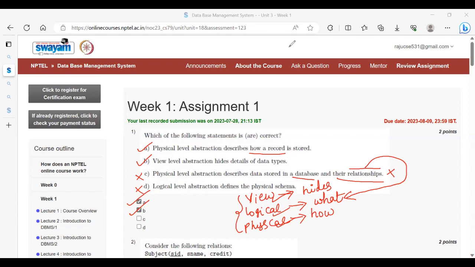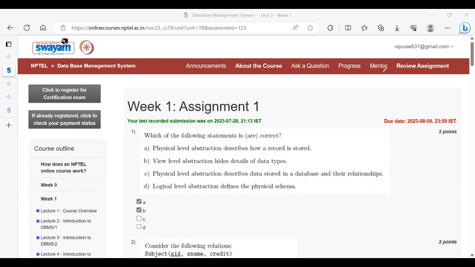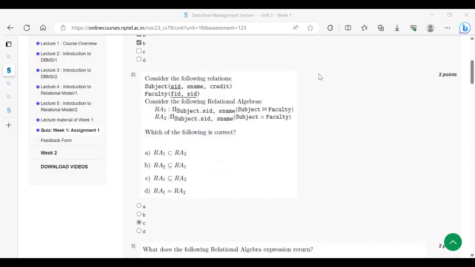Now I am going to the second question. Consider the following relations, subject and faculty. There are two tables.